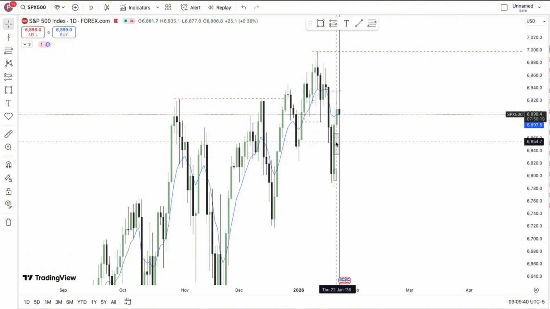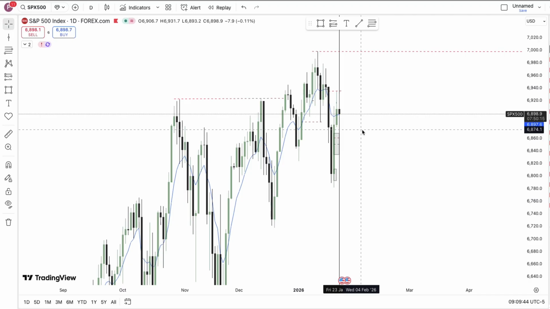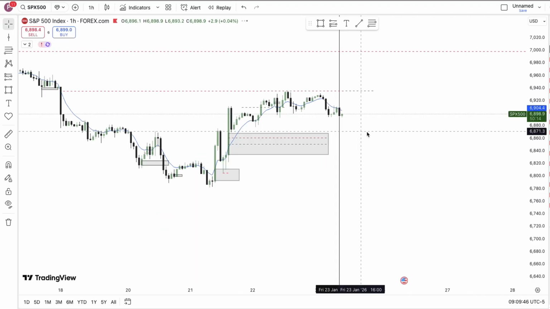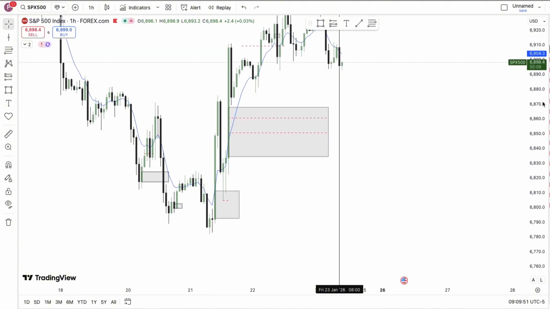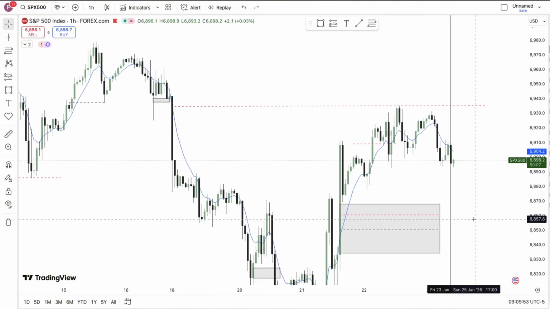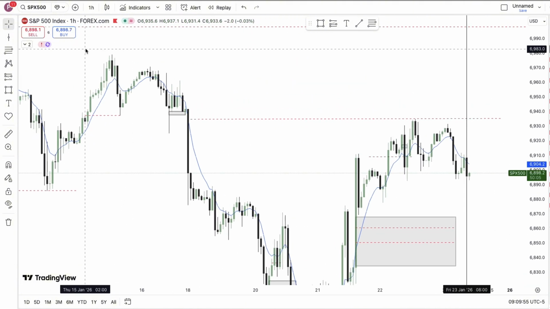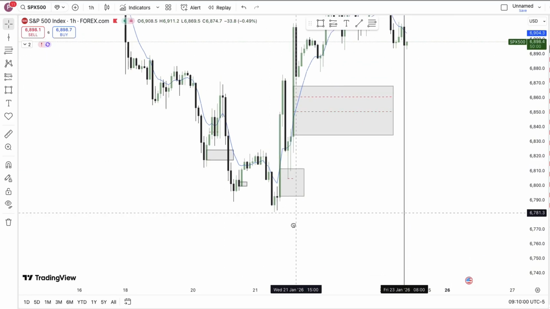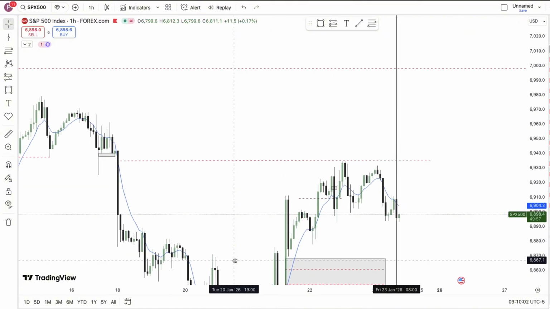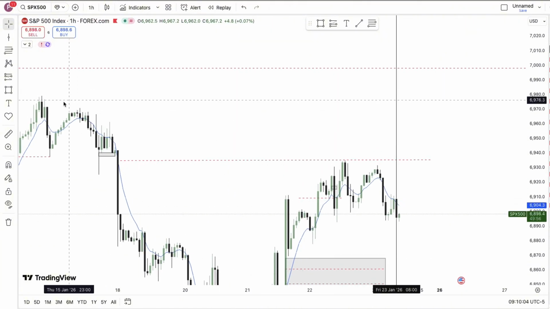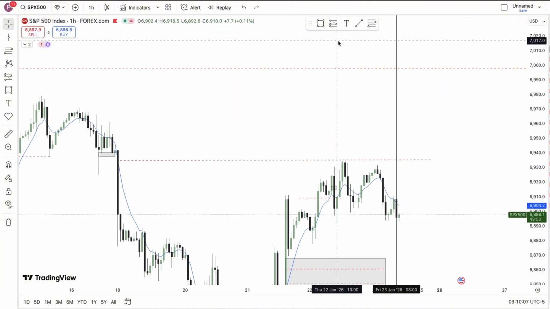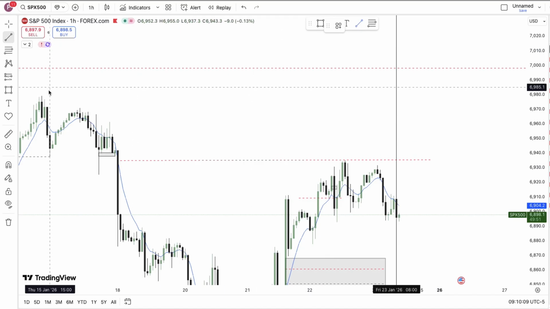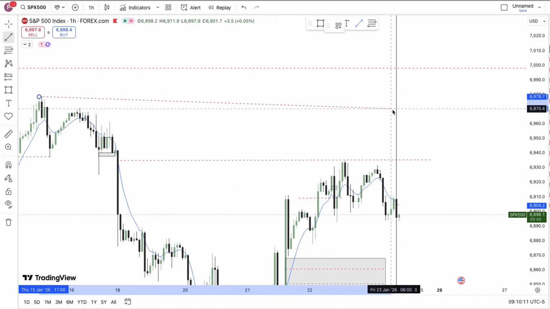Okay, so let's drill down to 1 hour. In a 1 hour we have, from this swing high to the swing low, and then all the way to this point. Price is yet to take this high. This high is still here.